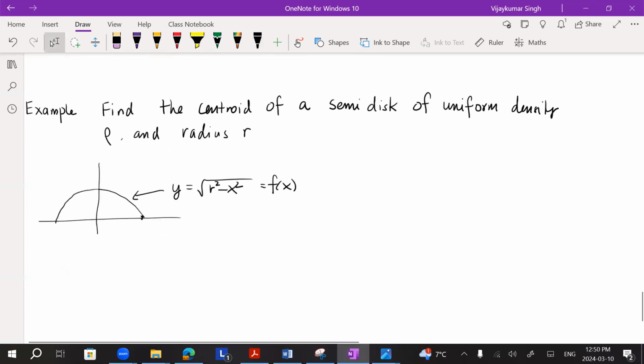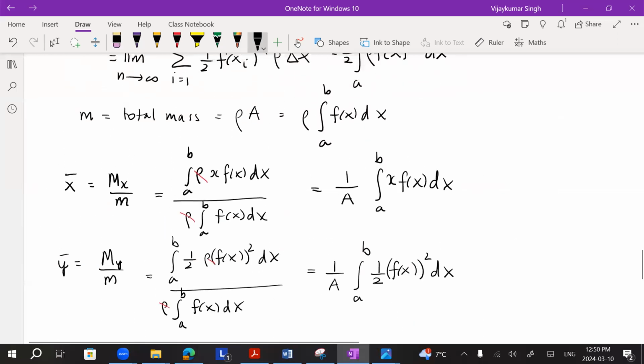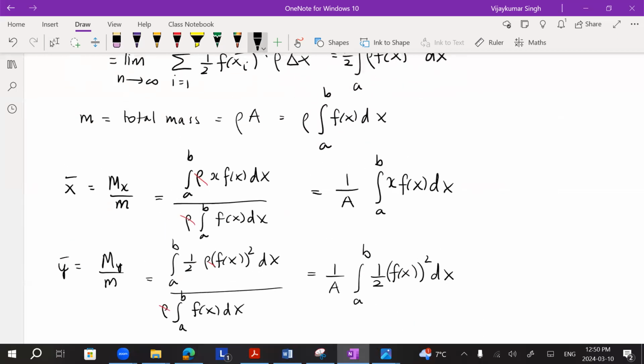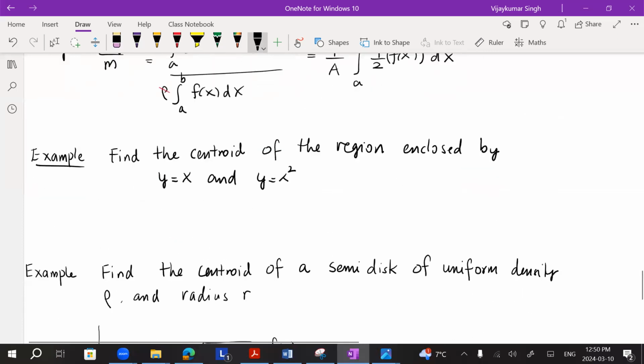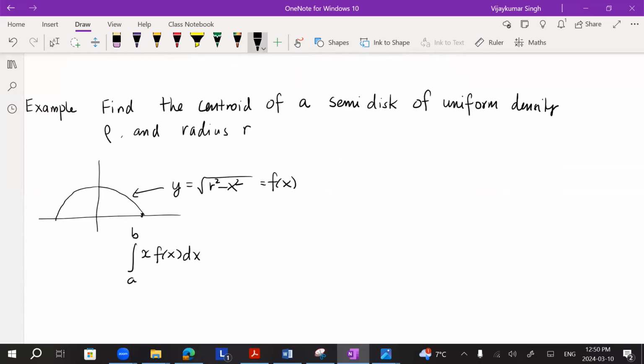Now let's find out x bar and y bar. So let's look at first the integral a to b of x f of x dx, because this is the integrand, right? We need 1 by A times the integral a to b of x f of x dx. So we already know A. Actually, we can calculate A using an integral, but A is pi r squared by 2.